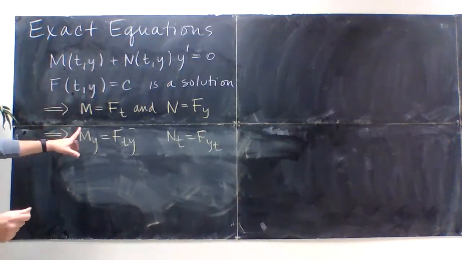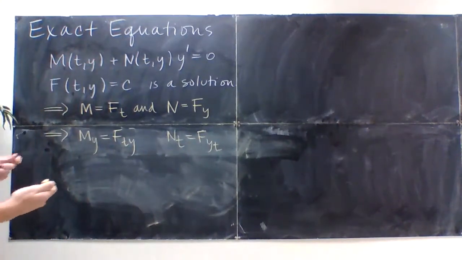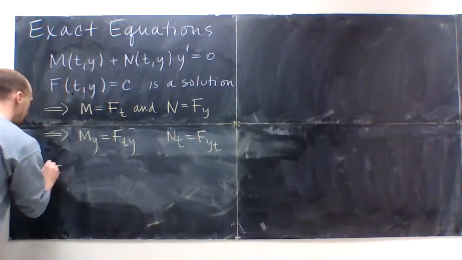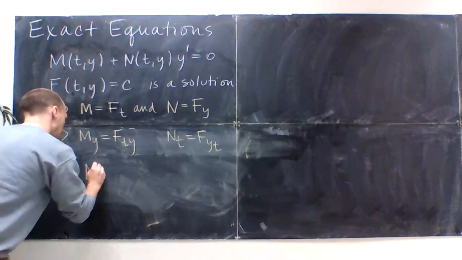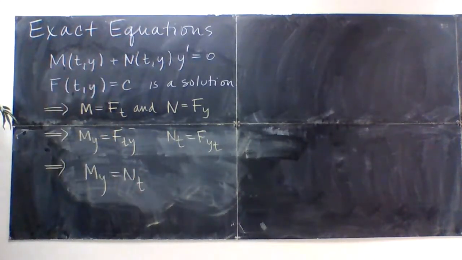And so in order for this to work, I need for these to be the same. I need my mixed partials to be equal. And so I'm going to say, now I need m_y equals n_t. And this should feel familiar, right?